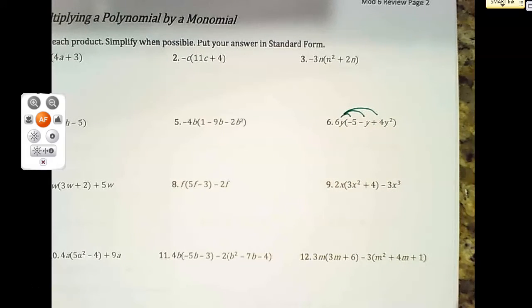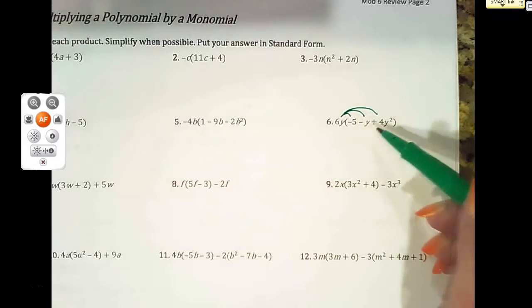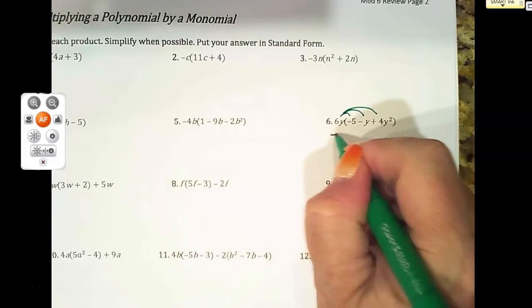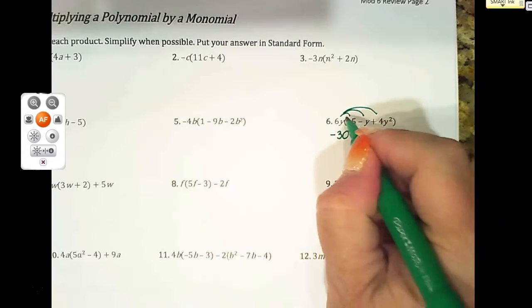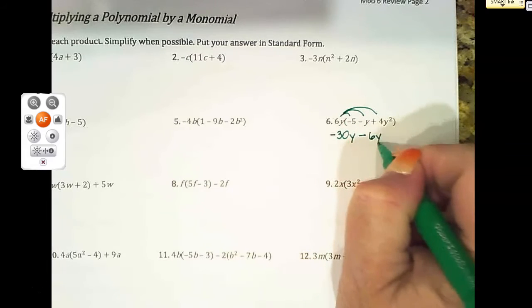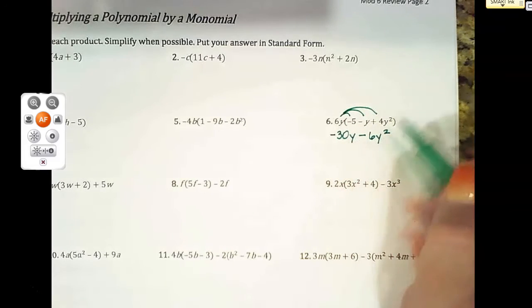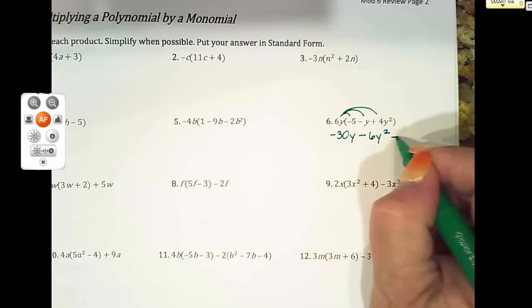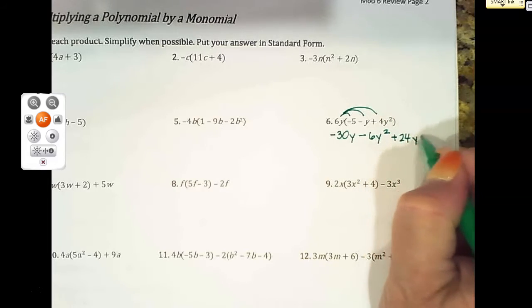I don't think there will be, but there's no additional addition or subtraction. So I go 6y times minus 5 is negative 30y. 6y times minus y is minus 6y squared. So I'm using my rules of exponents, and 6y times 4y squared is 24y to the third.